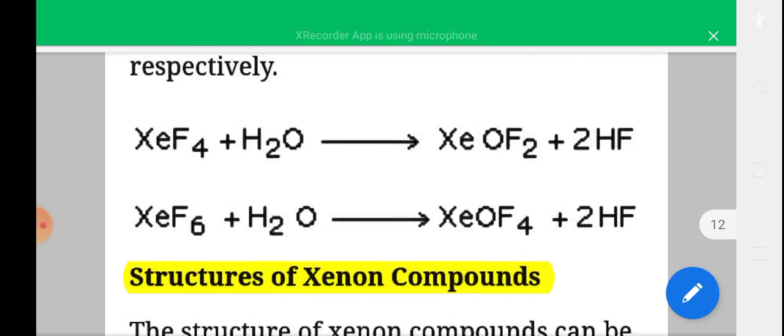When XeF4 is partially hydrolyzed by water, you will get XeOF2 plus 2HF, and when XeF6 is partially hydrolyzed by water, you will get XeOF4 plus 2HF.